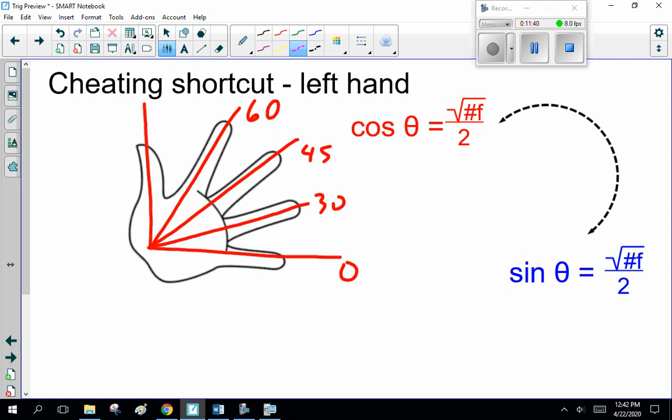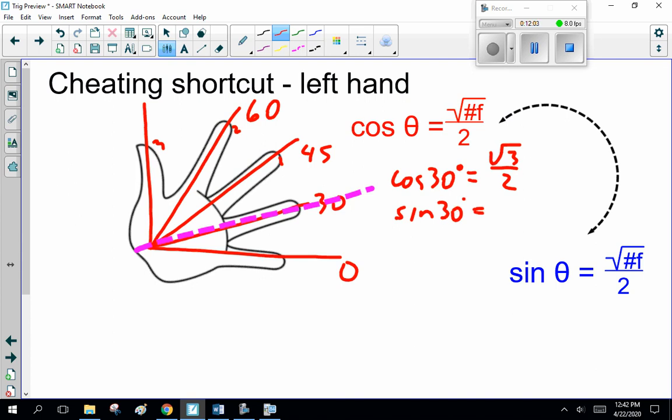So let's look at cos of 30 degrees, how many fingers are above it? 1, 2, 3 fingers. So that should be the square root of 3 over 2. Sine of 30 degrees, there is 1 finger below, square root of 1 over 2, which is 1/2. Okay?